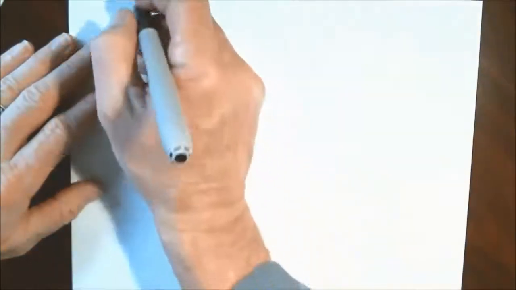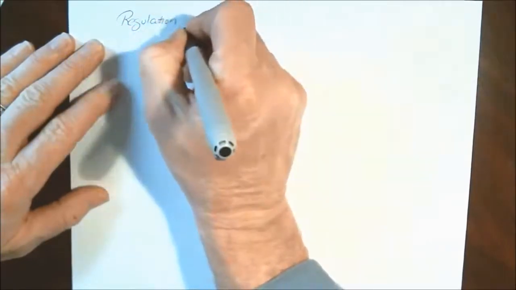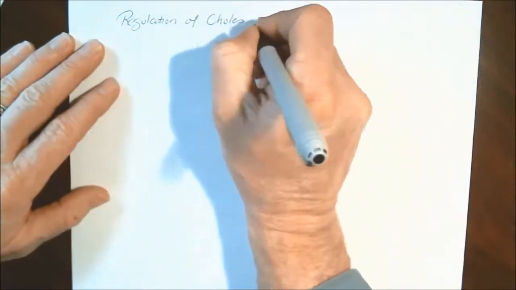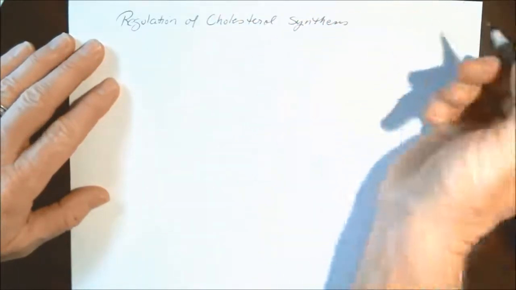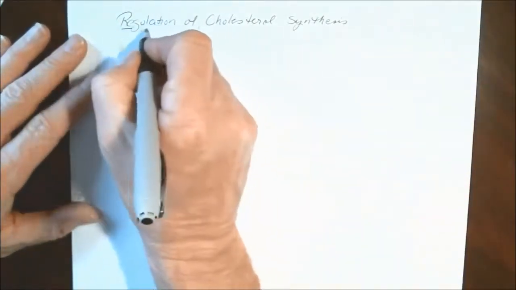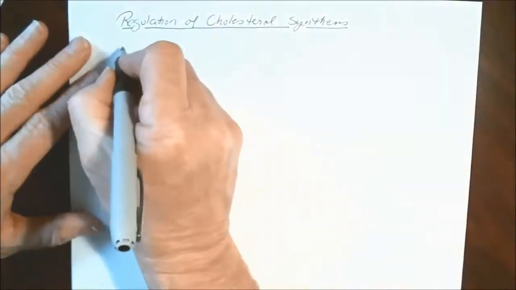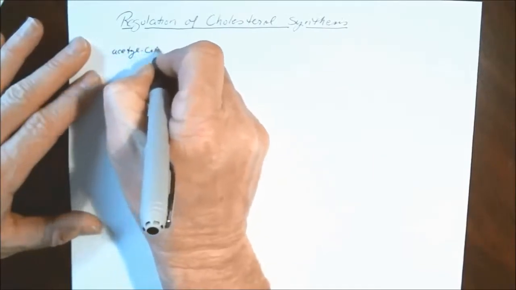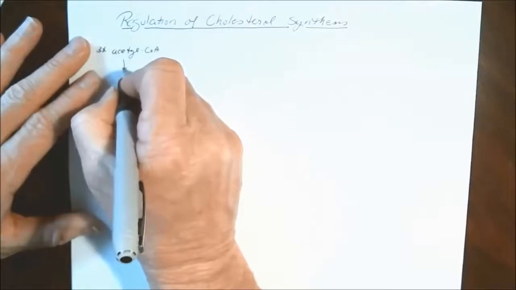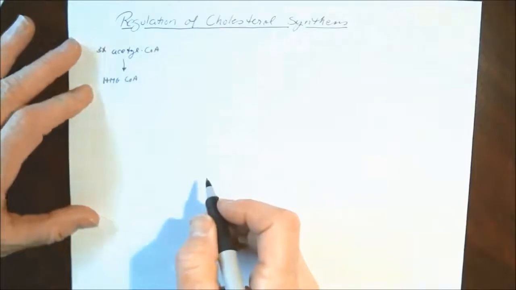Okay, in this video what I'd like to talk about now is the regulation of cholesterol synthesis. Now, if you recall the pathway for cholesterol synthesis, we are going to be taking several acetyl-CoAs, combining them into our HMG coenzyme A structure.